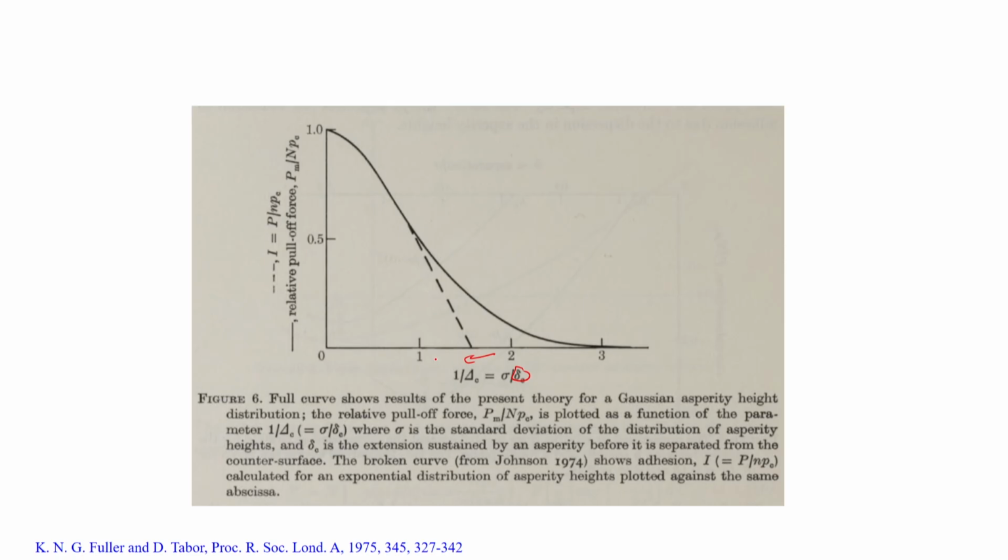So this ratio sigma by delta c takes into account the effect of adhesion and also the roughness. Roughness means the width in the distribution of the asperities height. As that width increases, the pull off force decreases, and as delta c increases, that means adhesion increases, the pull off force decreases.